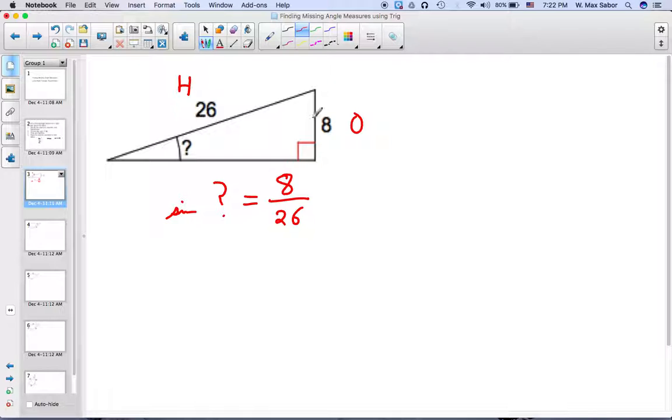So now we have to do the inverse sine of both sides in order to get rid of it. We can't divide by sine. We have to say question mark equals inverse sine of 8 over 26. So now we type that into our calculator, and that would give us approximately 18 degrees.